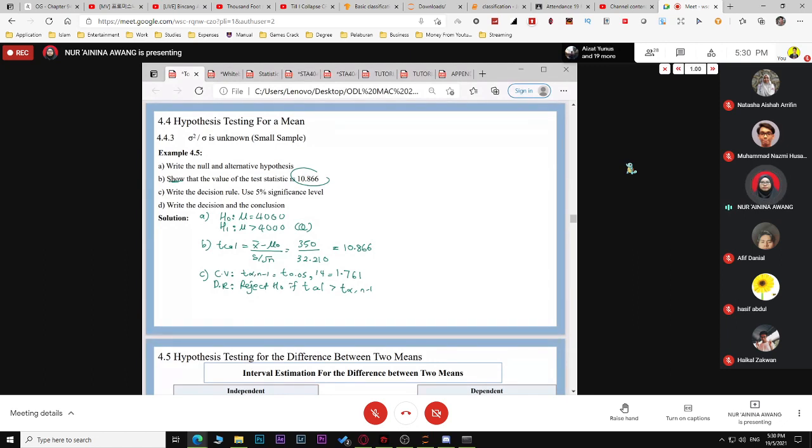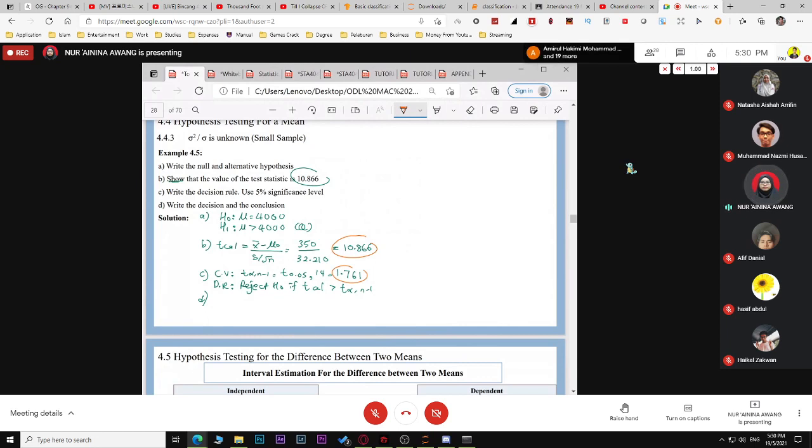Okay, and then barulah D, write the decision and the conclusion. So for our decision, we will compare the value for your test statistic and critical value. So we say that since your T calculated is equal to 10.866, which is more than your critical value, so we reject or fail to reject our H null? Reject. Okay. So we reject our H null. So bila kita reject, kita mengatakan memang dia exceed 4,000.